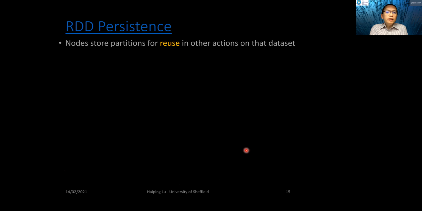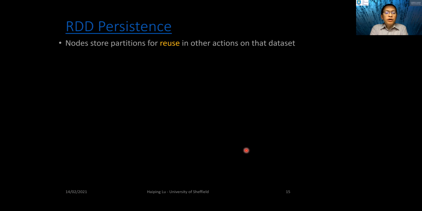RDD persistence is a very important concept for the efficiency of Spark. The nodes will store partitions for reuse in other actions on that data set, so we store those partitions that will be reused.